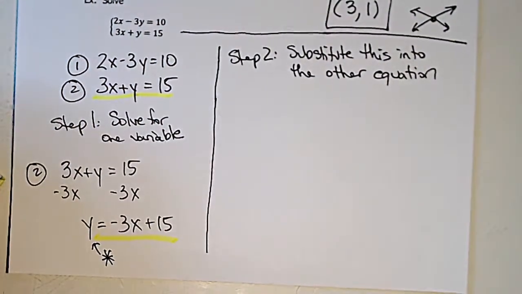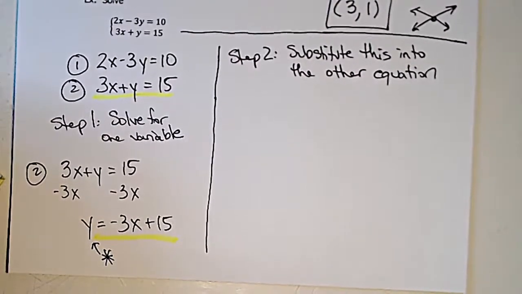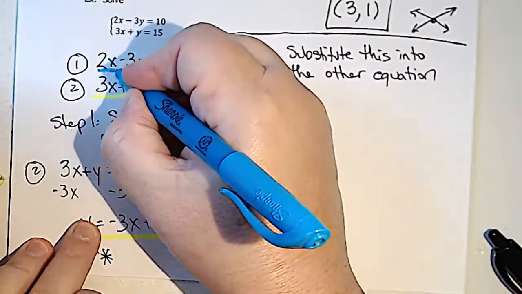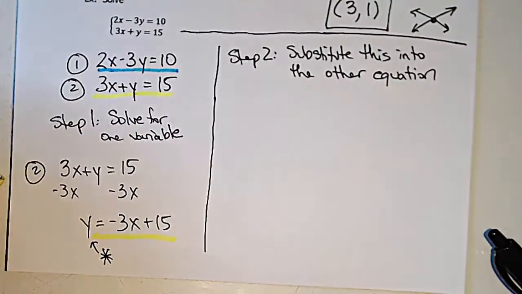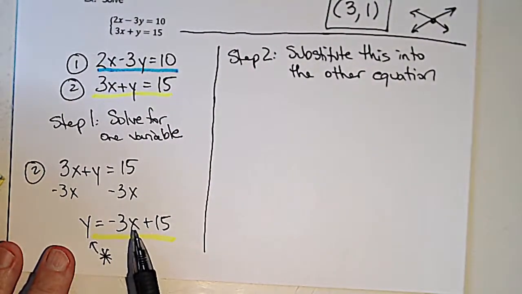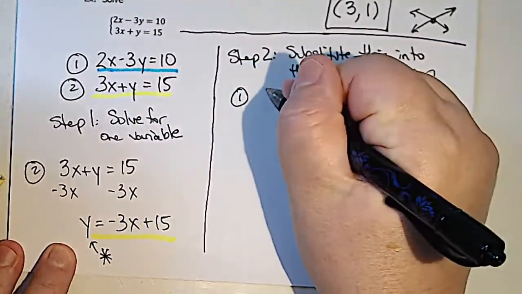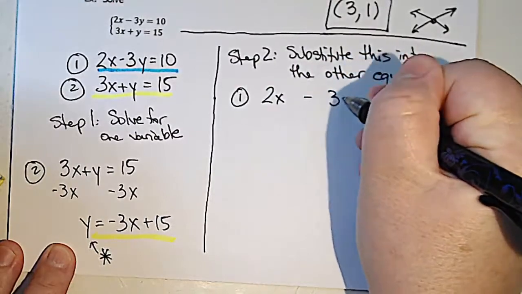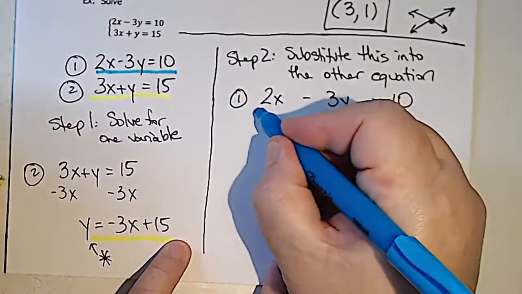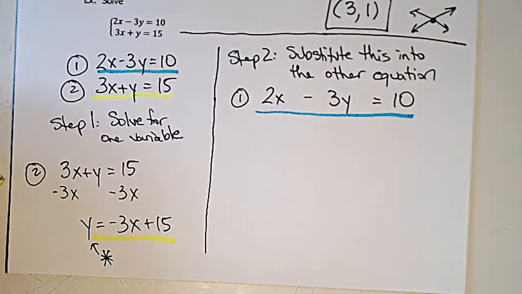And 1, let me see if I can find my blue highlighter. 1 is going to be my blue equation. But you know how I love to color things. So I solved for y in the yellow equation. So I'm going to go to the blue number 1 equation. 2x minus 3y equals 10. I'm spreading it out so I got lots of room to look at things. And I'm going to go ahead and substitute.